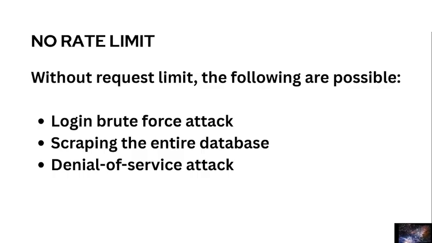So these are some of the weaknesses that are common to APIs and applications, and which developers must take note of, and also for which cybersecurity professionals, cybersecurity analysts, security and IT auditors must look out.